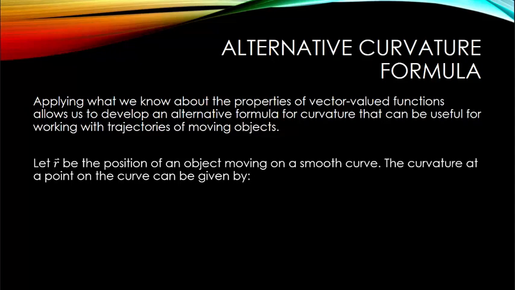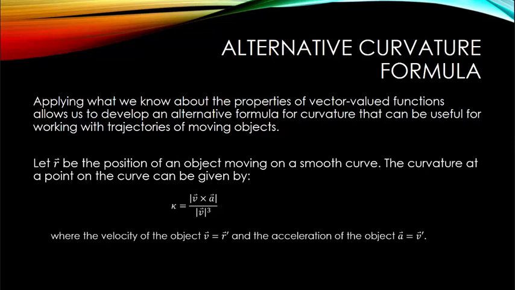The curvature at a point on the curve is given by kappa is equal to the magnitude of the cross product of the velocity crossed with the acceleration divided by the magnitude of the velocity cubed. This is where the velocity of the object v is equal to r prime, and the acceleration of the object a is given by v prime.